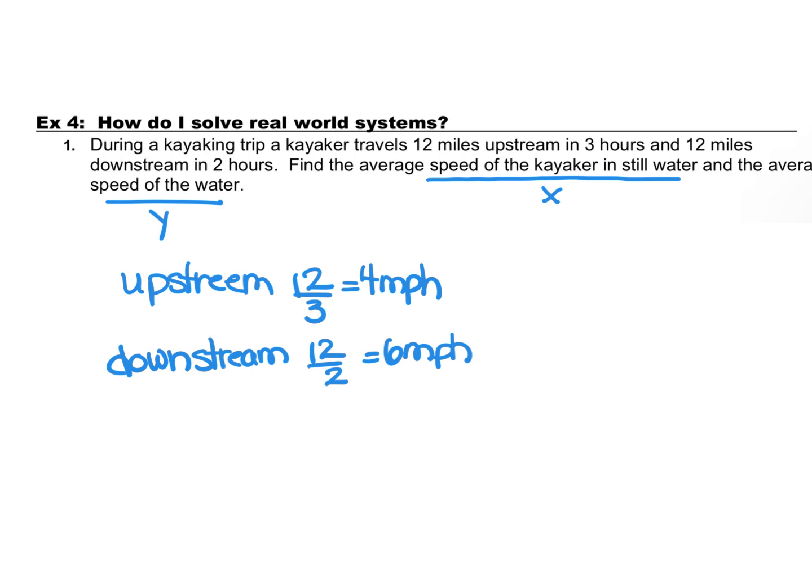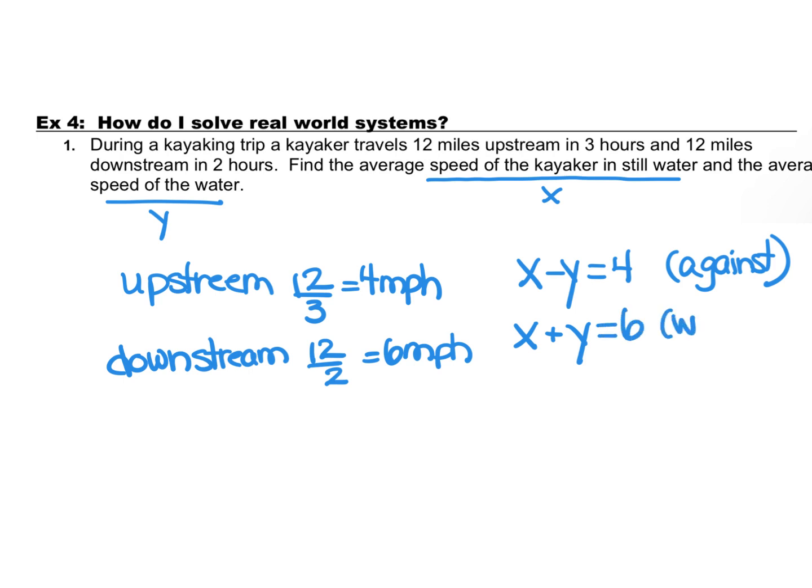The first one is x minus y equals 4, because this is going against the current. And when we're going downstream, we've got the current going with us. So we have x plus y is equal to 6, because this is going with the current.